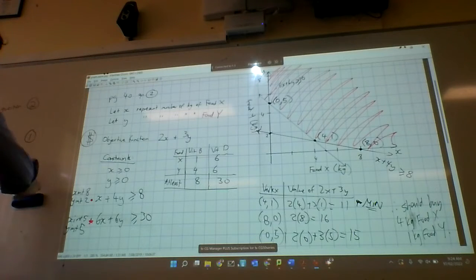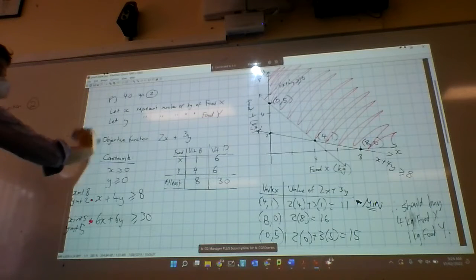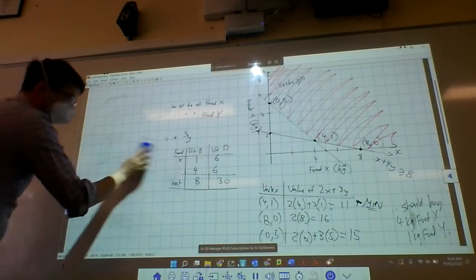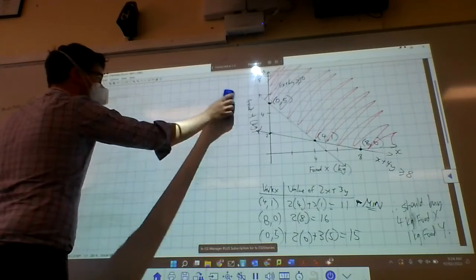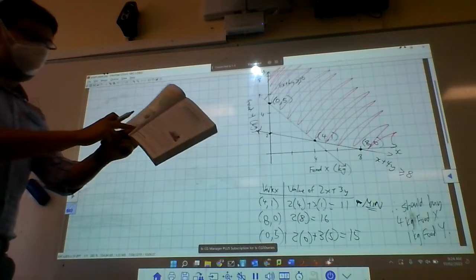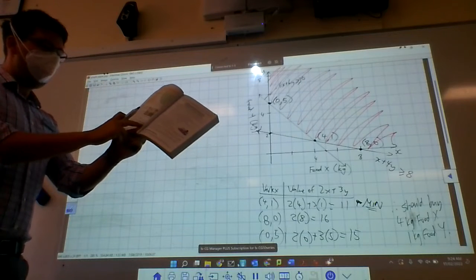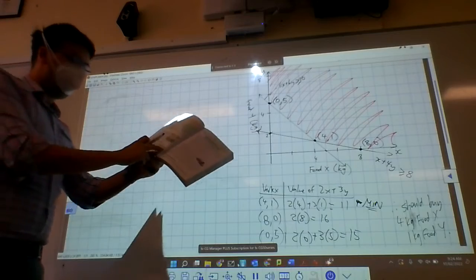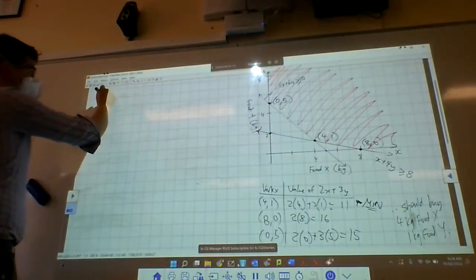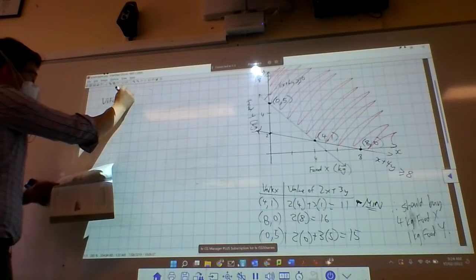So it's a bit different type of question. I'm just going to erase the left of the board. Because we know that food X has 1 unit of vitamin B and 6 units of vitamin D, how much vitamin B will you have?